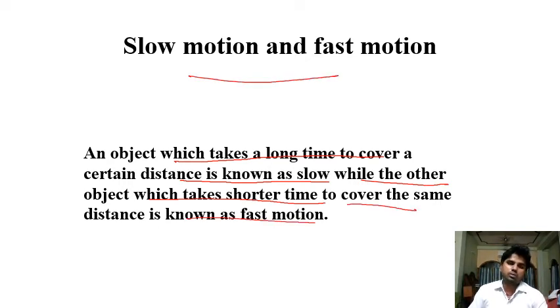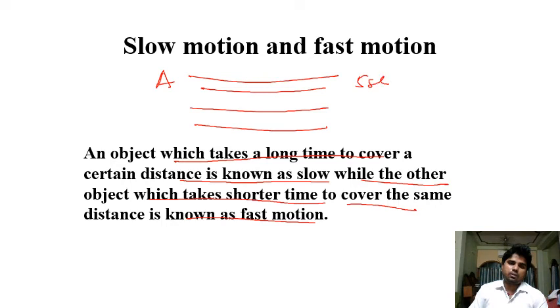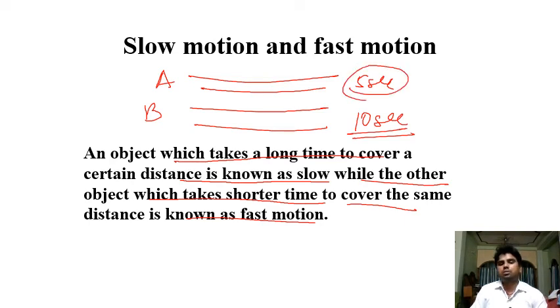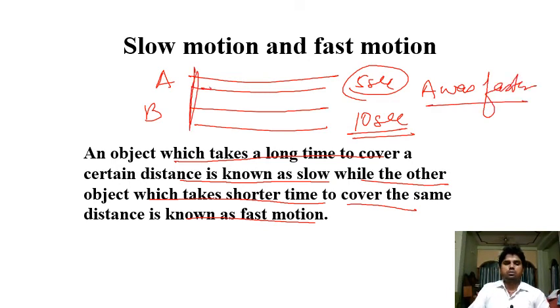So this is a road, and A reached after 5 seconds and B reached after 10 seconds. So who was faster, students? A was faster. Why is it so? Because it has covered the same distance in lesser time. Okay, so A is faster than B.